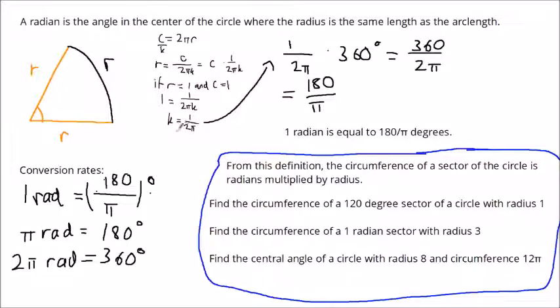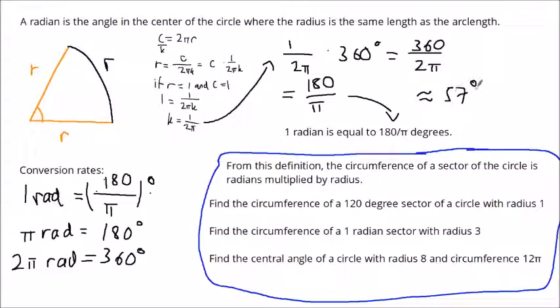Once we take this 1 over 2 pi, and we have 360 degrees in one circle, we take this 1 over 2 pi part of the circle and multiply by the 360 degrees. We'll get 360 over 2 pi, which simplifies to 180 over pi. So this is the definition for radians, about 180 over pi, or roughly 57 degrees.